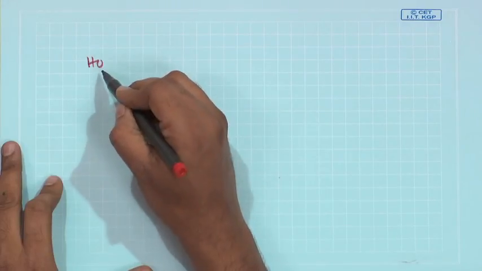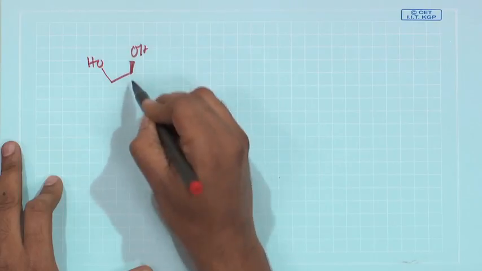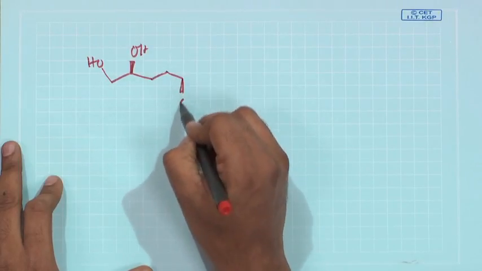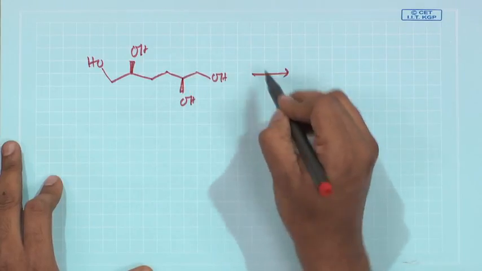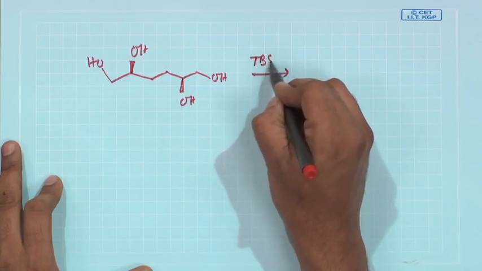So, what you need to do is take the pathway. So, you have this diol. First you do a protection with 2 equivalents of TBS chloride.